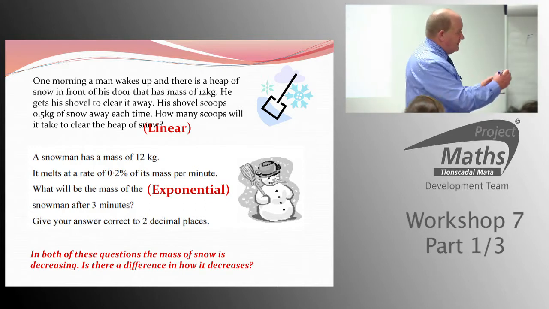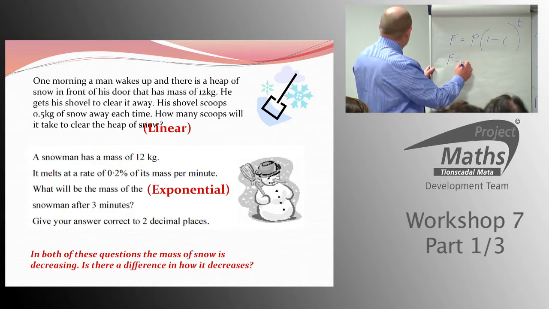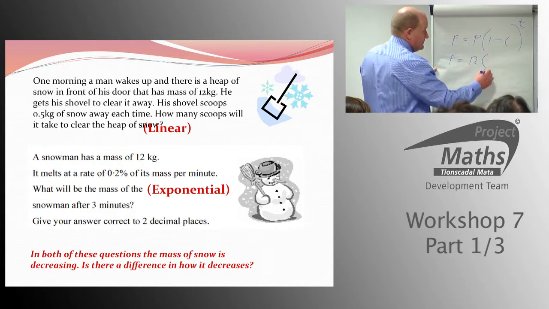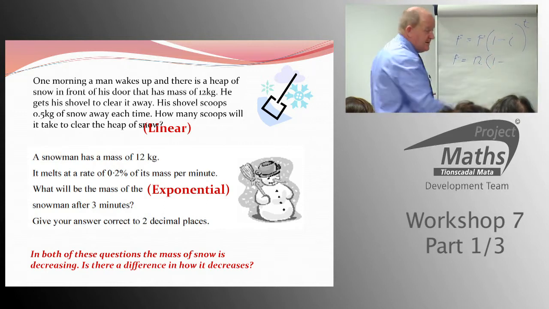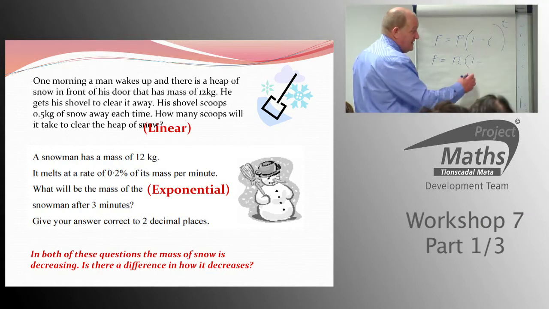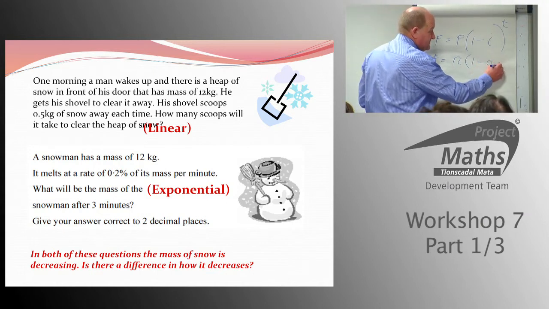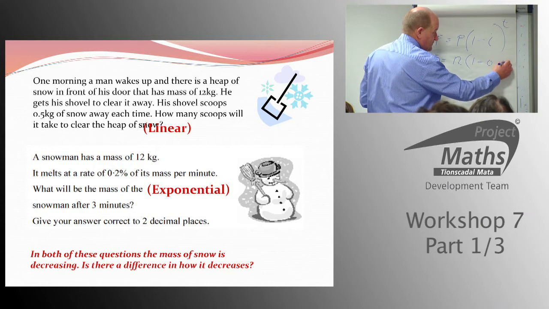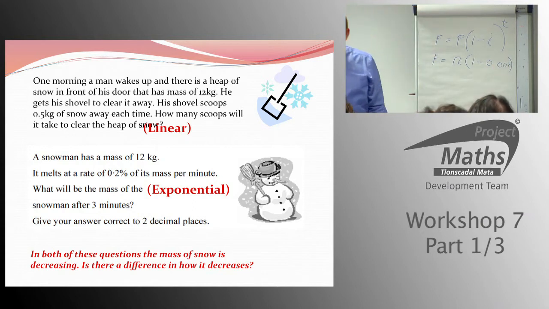And F, the final amount, what do you start off with? 12 kilograms, don't you? 1 minus I, and I would do this slowly in class as well, so it's 0.002, isn't it? Be careful of that.